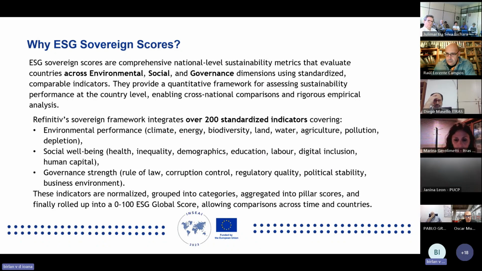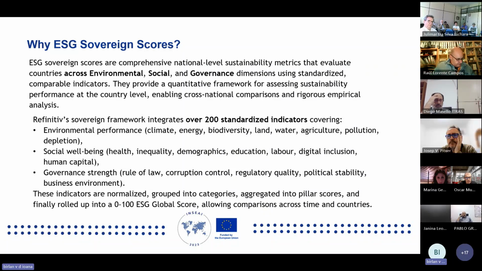So all sovereign rating agencies like Fitch, Moody's, S&P use the ESG sovereign score framework to make their ratings. They are standardized, normalized, and rolled up into a 0 to 100 score. In our study we used the Refinitiv Sovereign Framework, which integrates over 200 standardized indicators.